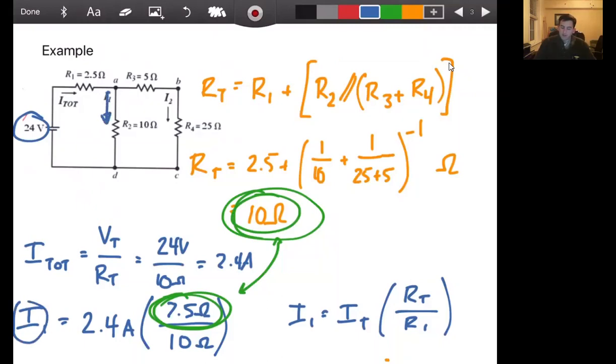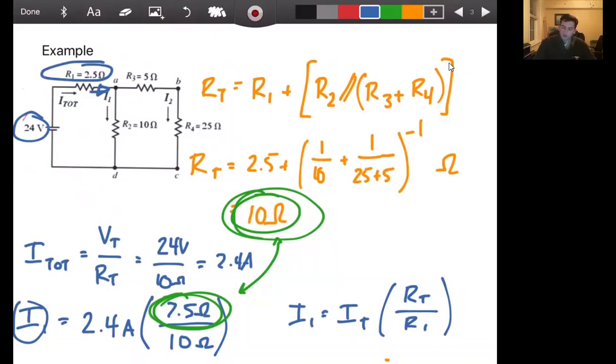Which means the current that we're dividing using our current divider rule is coming in here. That current has already passed through this resistor. Therefore, that resistor is entirely irrelevant to our equation.